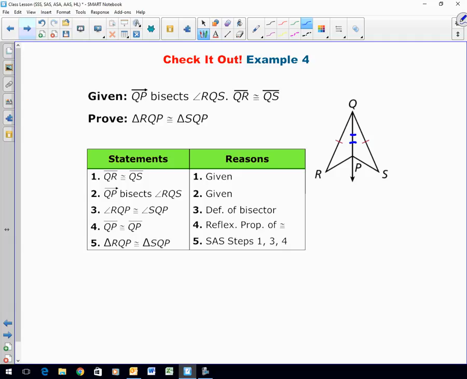Cameron, what theorem would let me conclude that these two triangles are congruent? Go quick. Cameron, R to Q is it side or an angle? Side, angle, side, side, angle, side. Yes. Okay. That's all I got to do.